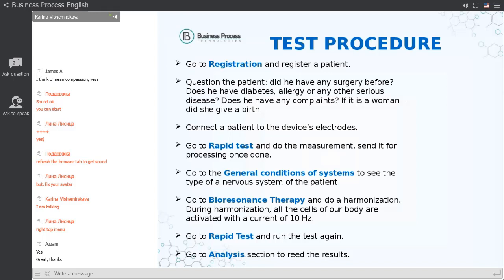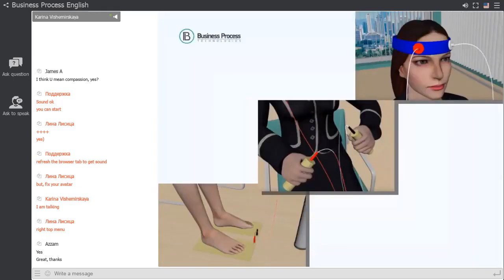Everything is very easy. Let's first look at the picture, how the person should be connected. Our electrodes, on one side, each of them has a red sticker. What does it mean? The red sticker should be on the right side of the body of the person. If this is a head electrode, right side of the head.